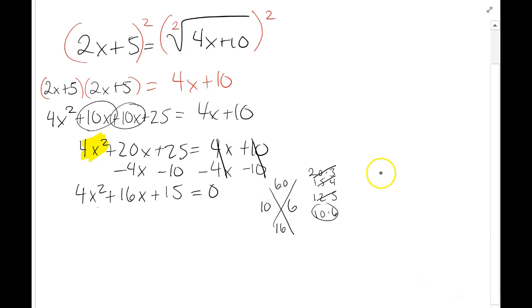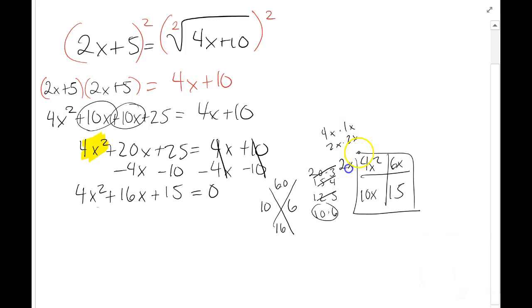So now I got to do my x box, because remember the leading coefficient is bigger than 1, so I can't just go straight to making my parentheses. So I make a box. First term here, last term here. Again, this is all review. You need to look back in your notes in Unit 3 on factoring with the x box. Okay, so I know that in order to get 4x squared, it's either going to be 4x times 1x, or it's going to be 2x times 2x.